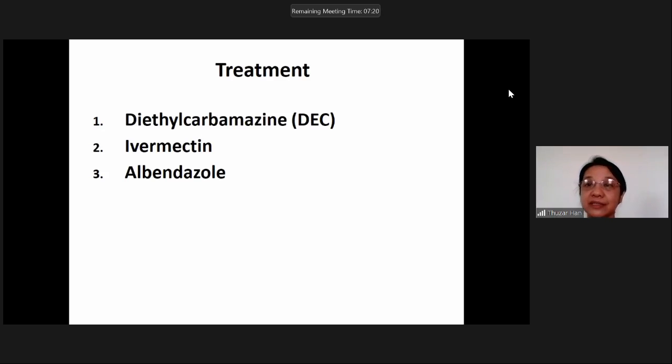Elimination, not eradication. Elimination means they reduce the disease level so that it cannot be transmitted. They cut off the level so that it cannot be transmitted. Eradication is no more cases. So for filariasis it is elimination.